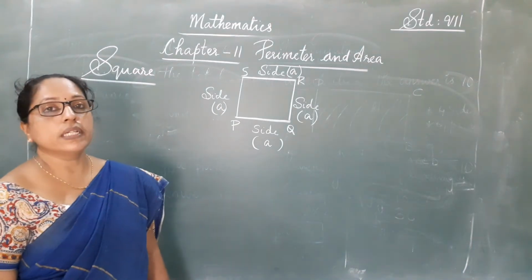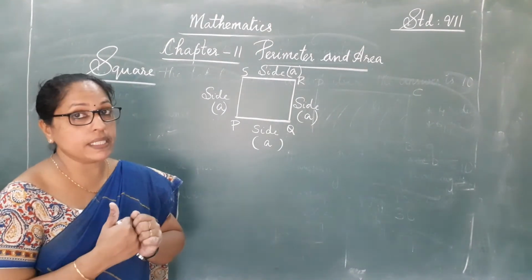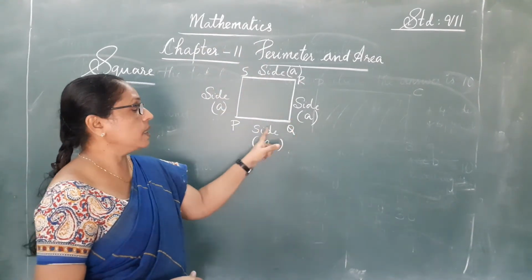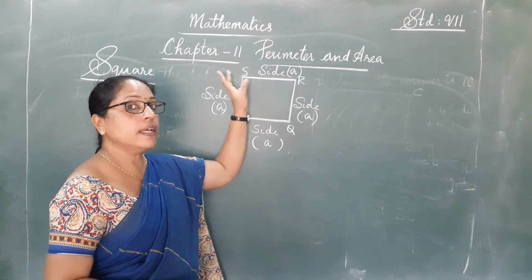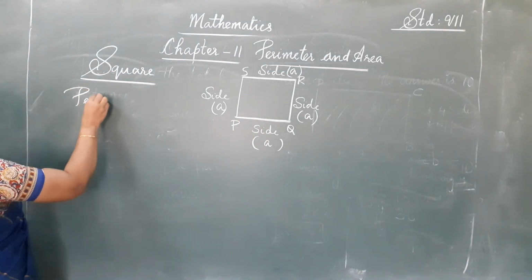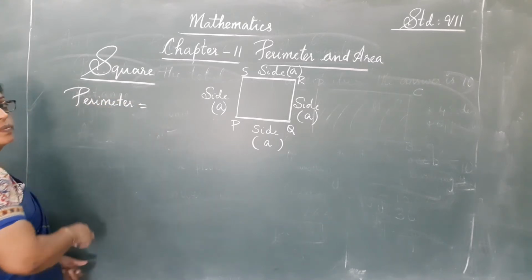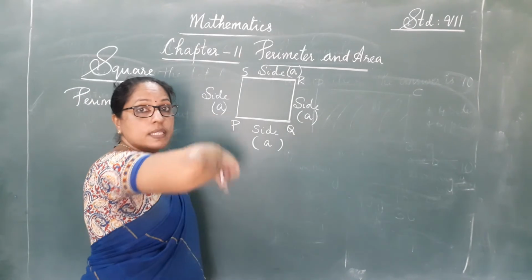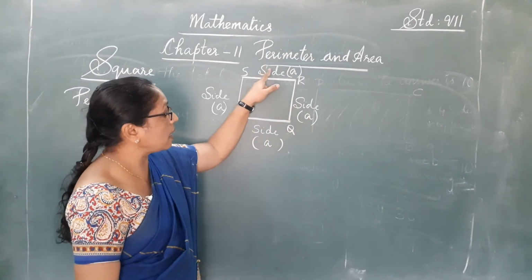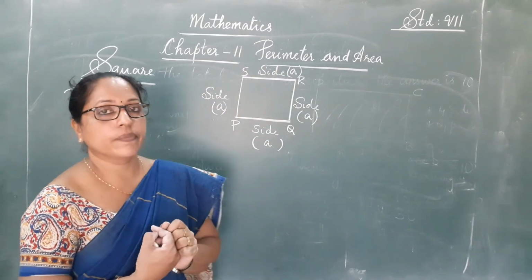Okay, so we are going to learn the perimeter. What is perimeter? We have already discussed it. Perimeter is the total distance, which means the total of all the sides. So what is the perimeter of a square? Perimeter equals the total of all the sides: side plus side plus side plus side. How many times is the side added?